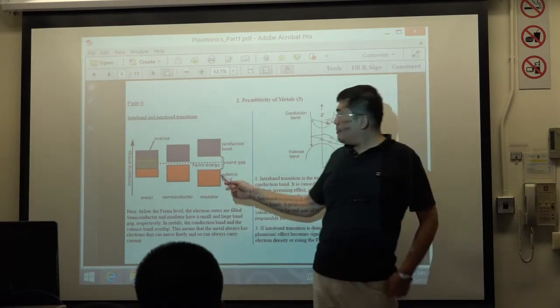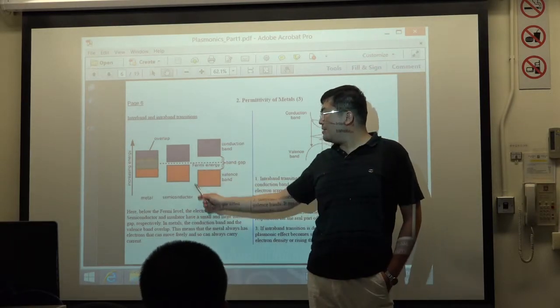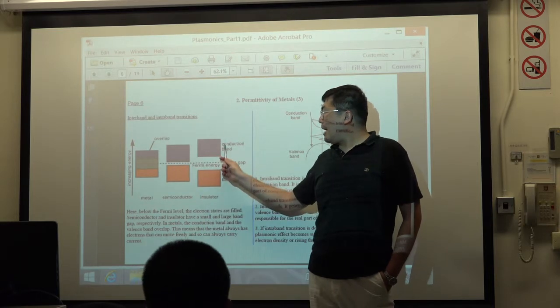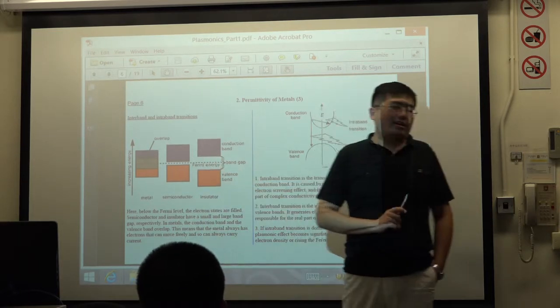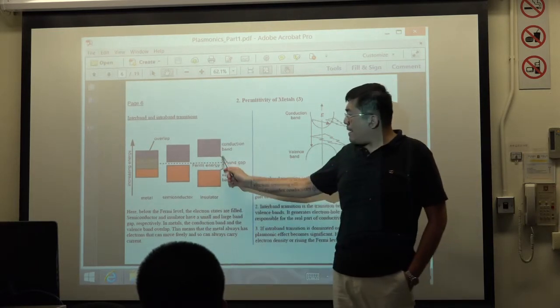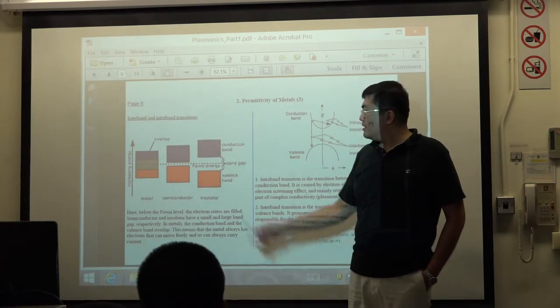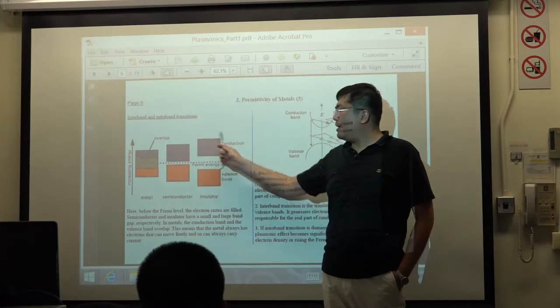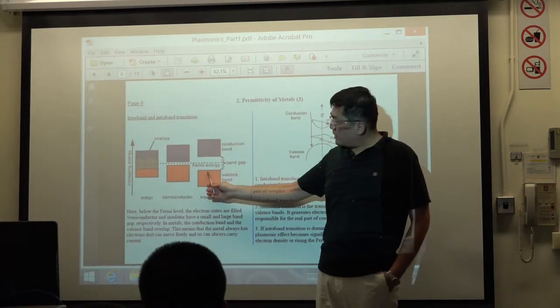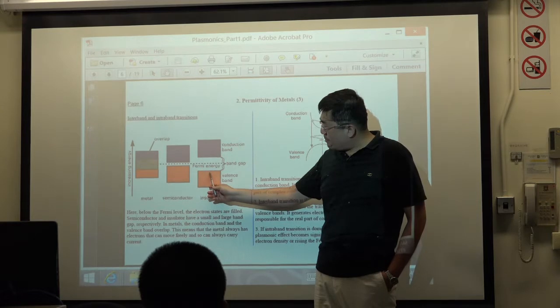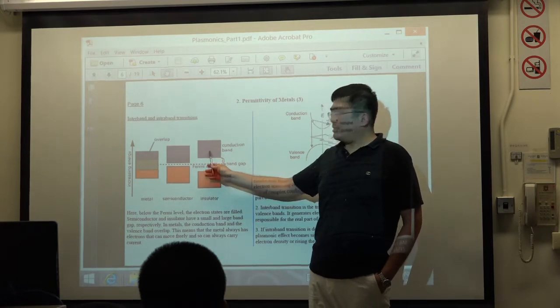Below the electronic band gap is the valence band, and above is called the conduction band. If the band gap is very large, this is called an insulator. I mean, the electron should gain a lot of energy to jump to the conduction band.